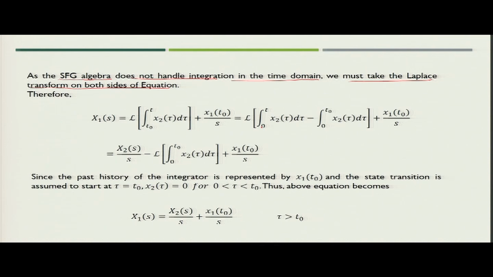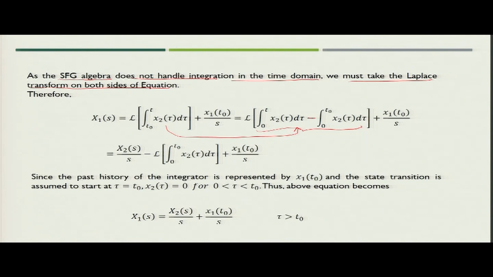One integration ranges from 0 to t of x2 d tau, and another is minus the integration from 0 to t naught of x2 d tau. This can be equivalently represented with the integration broken into two parts, and then x1(t naught) by s, which is the initial condition.